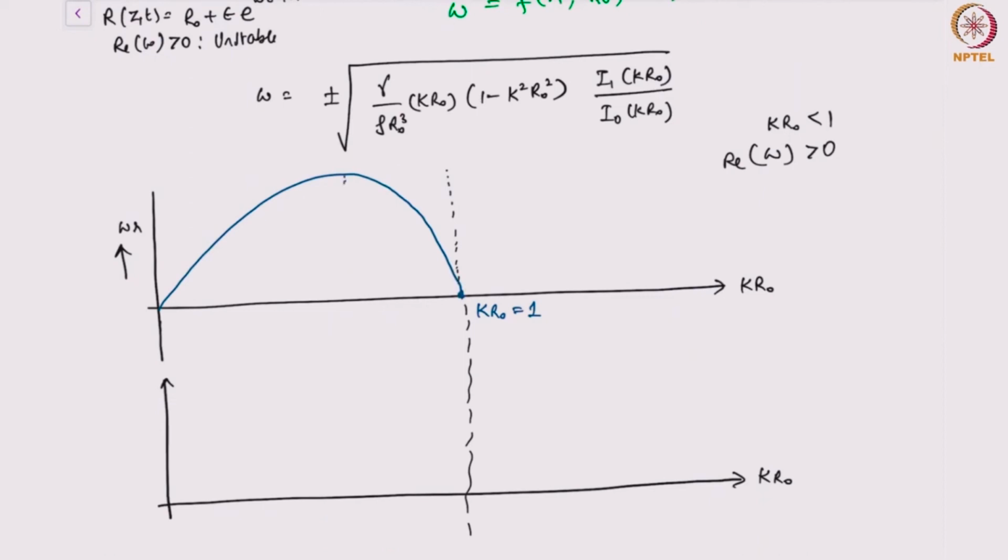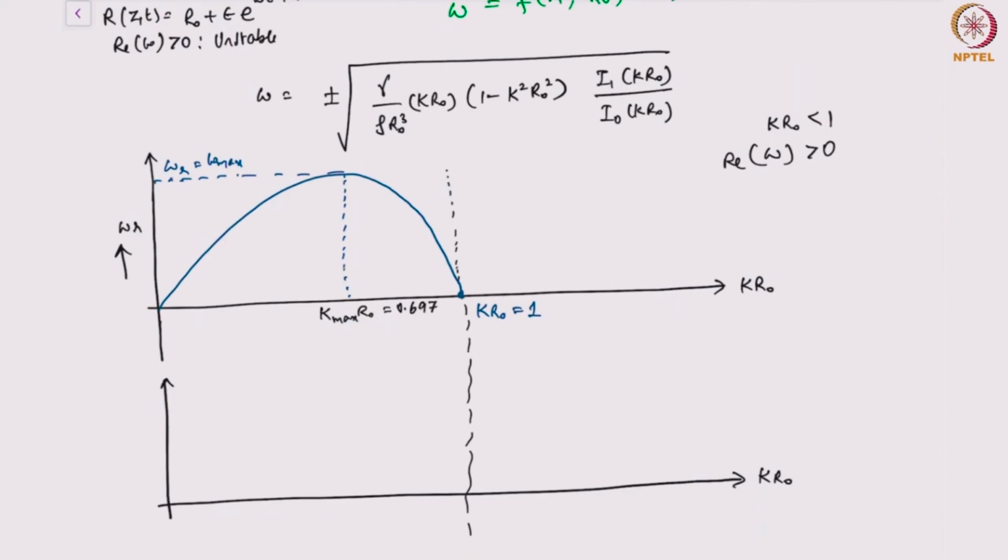And we can also determine what is the value where you have the maximum growth. What is the value at which you have maximum growth? Omega r is omega max. This value, we call it k max times r naught, and this value turns out to be 0.697.